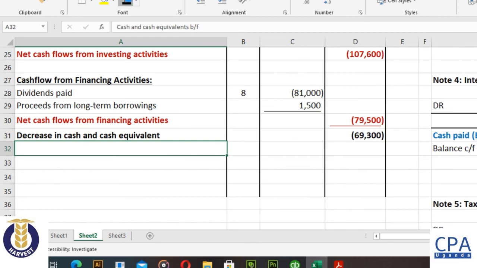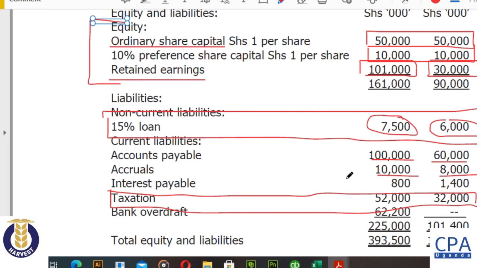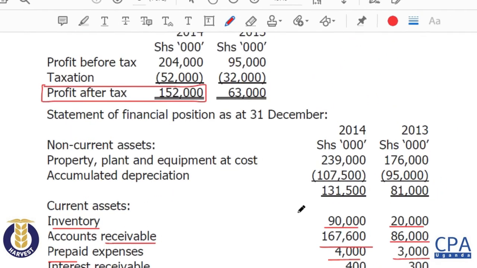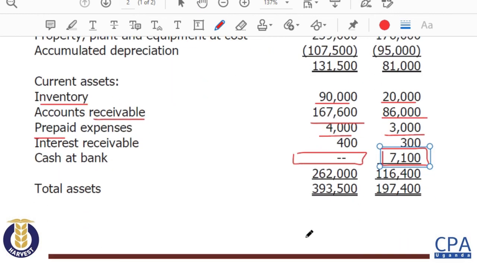However, we had some cash at the beginning of the financial year, which is 7,100,000. And as you can see, at the end of the financial year, we don't have any positive cash.